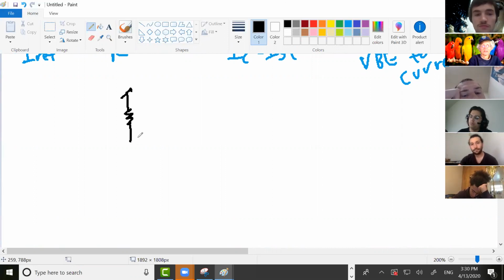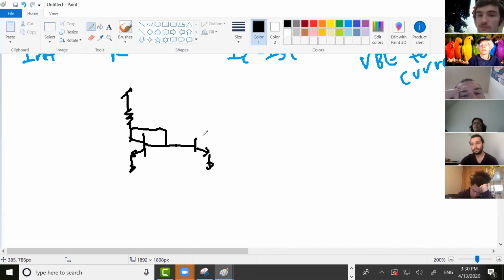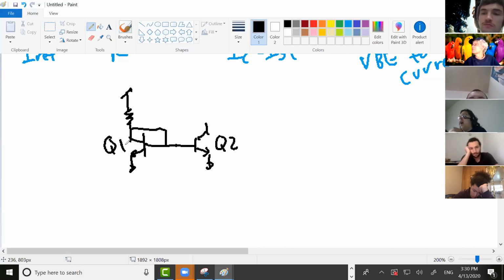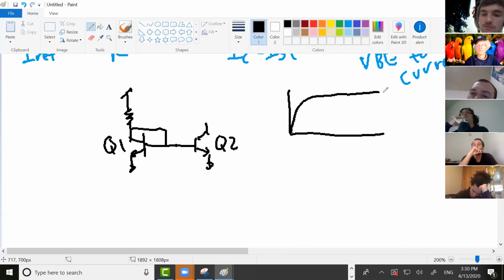I just had one quick question. Would the base need to be connected to the collector on the mirrored side as well? As long as it's in the forward active region. And these two transistors right here have to be the same model, the same type of transistor. If you look at this graph, this is VCE, this is IC.